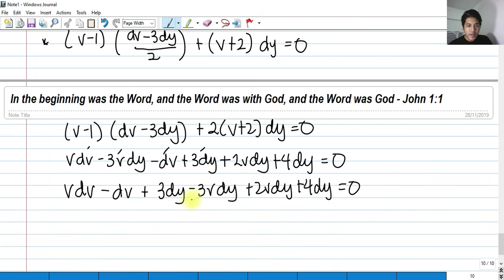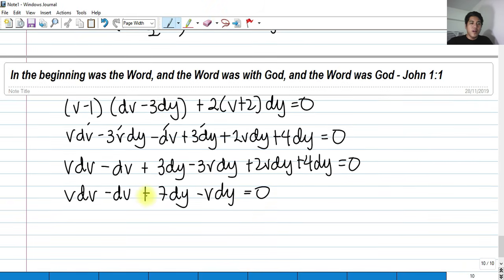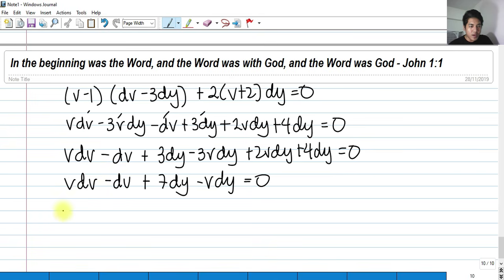We can simplify: plus 3 dy plus 4 dy is simply 7 dy. Negative 3v dy plus 2v dy is negative v dy. So 7 dy minus v dy is equal to 0. Factor out dv and dy. So, we have v minus 1, we have dv here.